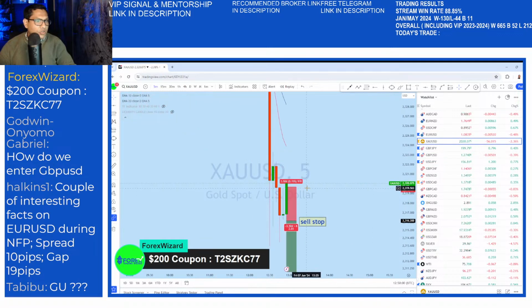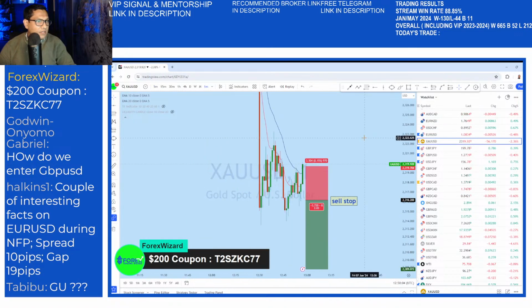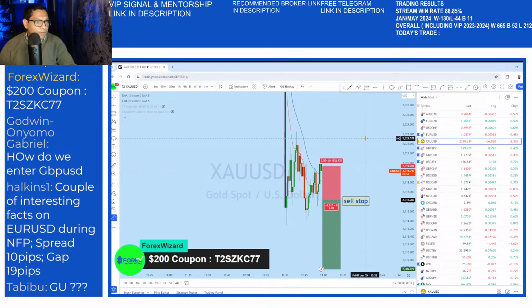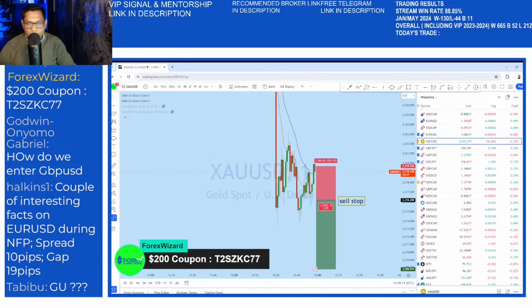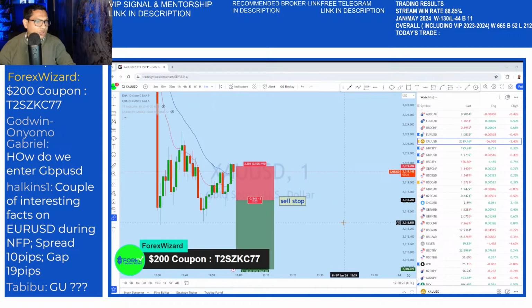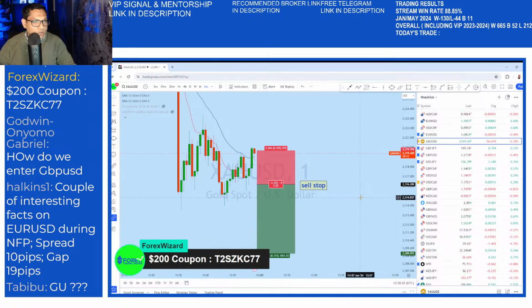Okay, gold didn't trigger but has moved up. Let me see if it is still valid. Yeah, it's still valid. I want to still hold it. Still place the pending order. Okay, so I placed a sell stop at 2316.20.